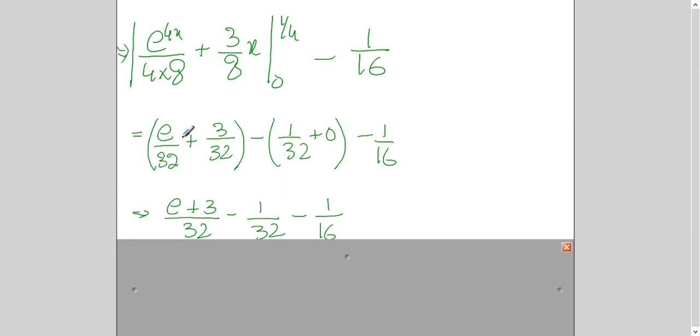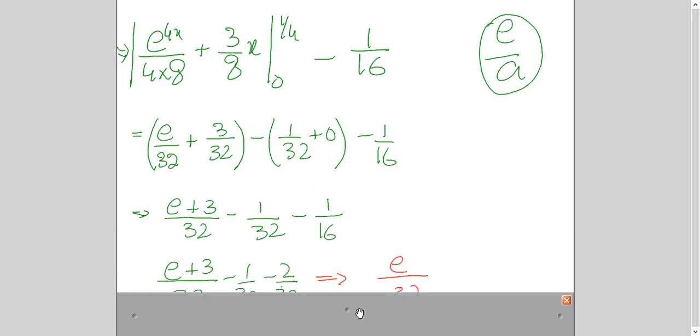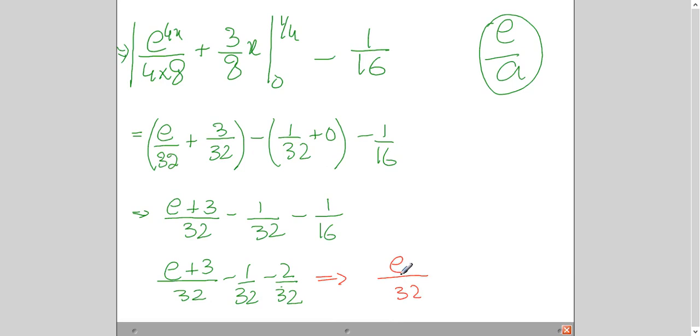But the point here is we have to give the answer, if you remember the question, in the form e over a. So try to avoid the use of calculator here, because otherwise it will give you the answer in decimals, and we want it in e. So simply take the LCM, calculate it, and simplify it. You get e divided by 32. I hope this simple calculation is clear to you.